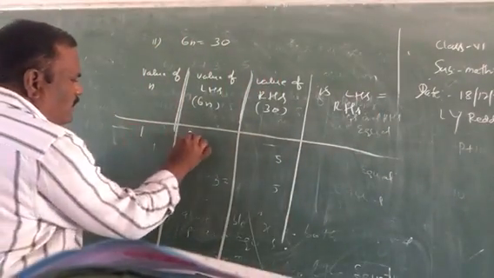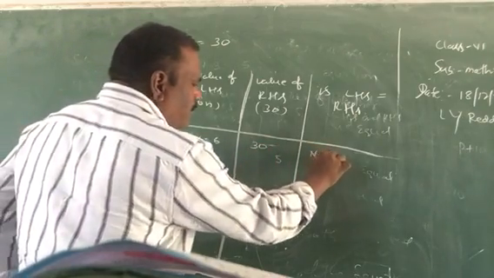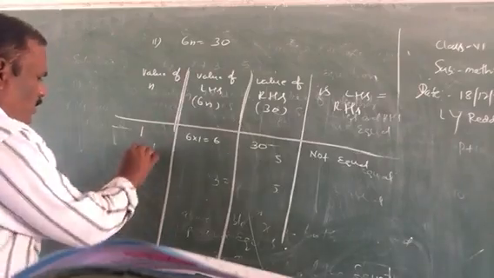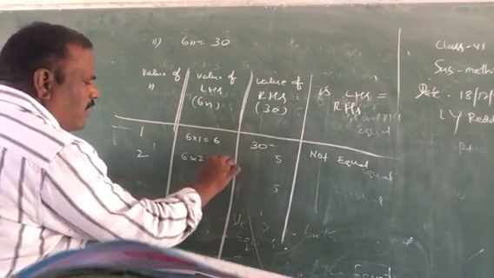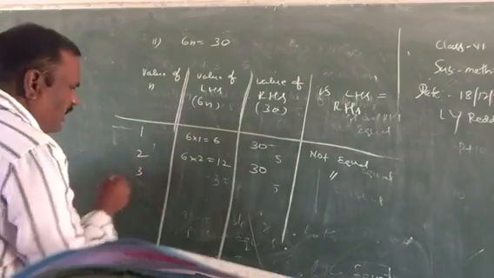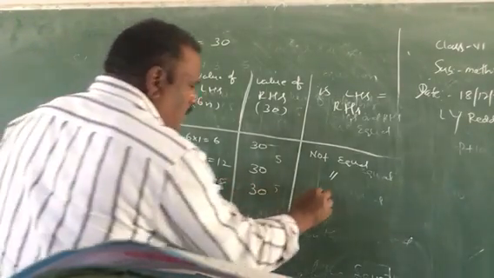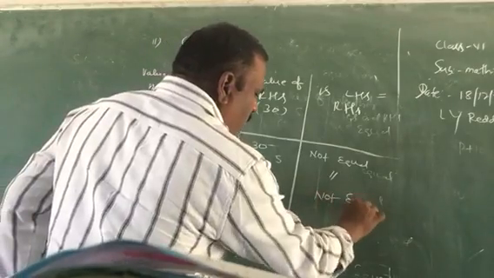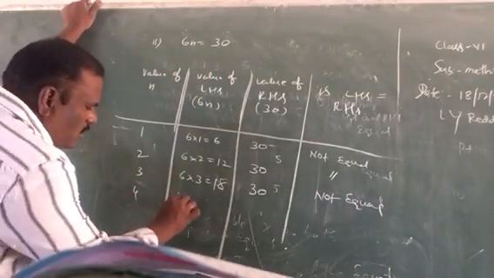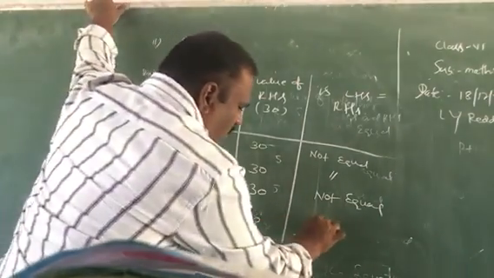For n equal to 1, 6 into 1 equal to 6, and here 30, not equal. For 2, 6 into 2 equal to 12, and here 30, not equal. For 3, 6 into 3 equal to 18, 30, not equal. Next 4, 6 into 4 equal to 24, 30, not equal.